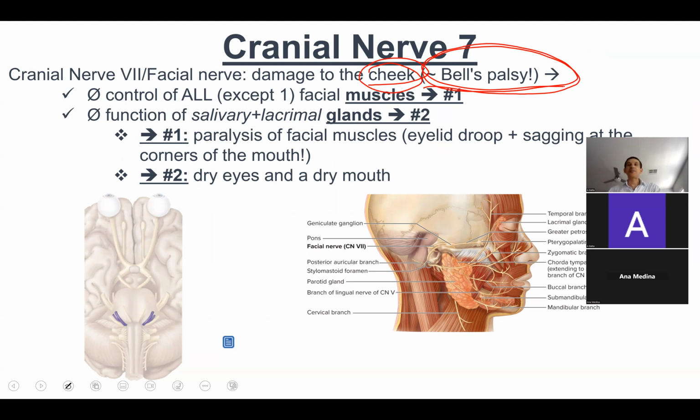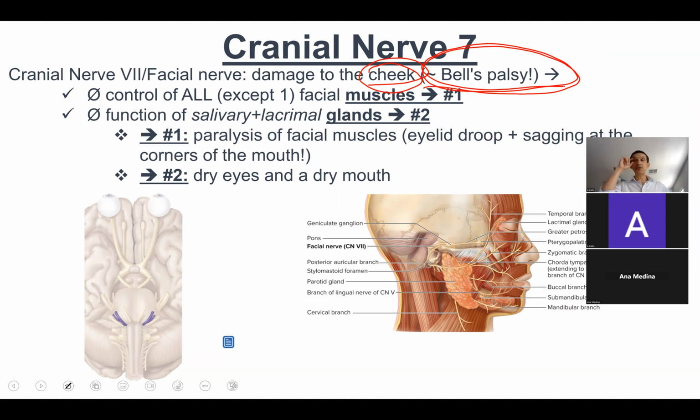Bell's palsy presents with a target-like rash, followed by inability to actually move the facial muscle. So, for example, patient has a drooping mouth.